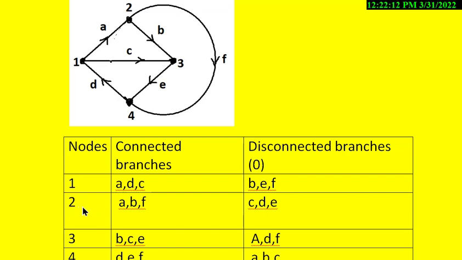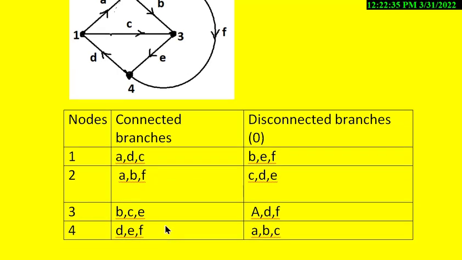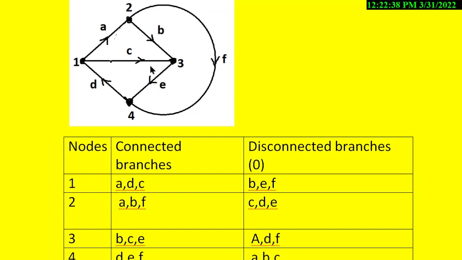Similarly, for node 2, the branches connected are A, B, F, whereas other elements are not connected, that is C, D, E. So these elements are going to get 0 in the matrix, whereas the connected elements are going to get 1 with a plus or minus sign. Similarly, for node 3, the connected branches are B, C, E and the rest are disconnected elements. Next, for node 4, the elements connected are D, E, F and the rest are disconnected, that is A, B, C.